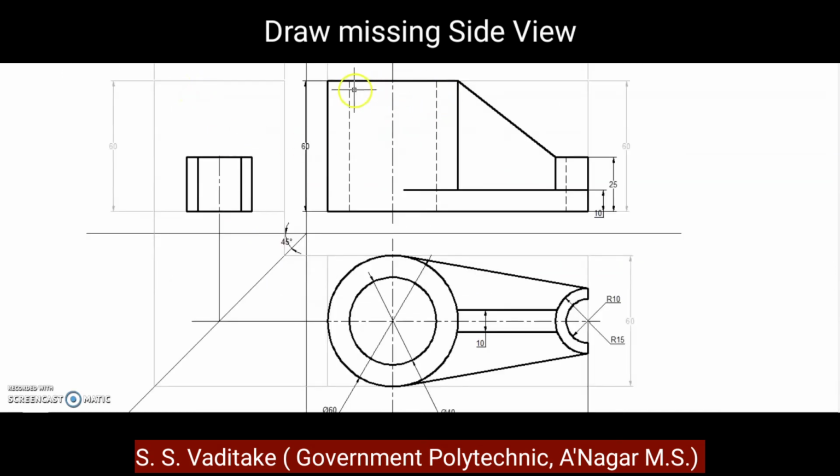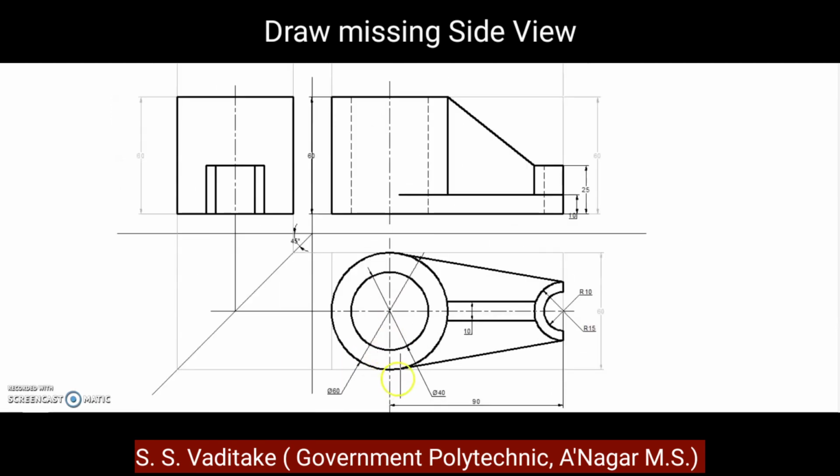Now we will consider this vertical cylinder. Vertical cylinder will lie within this frame at this position, extend the center line in upward direction. Now we have to draw the hidden portion of this. This is inside circle of a 40 millimeter diameter.